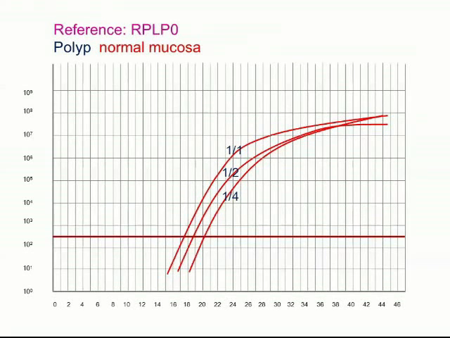And the expression level of the RPLPO gene in normal-looking mucosa reveals one cycle difference in between each dilution series, similar to the polyp pattern.